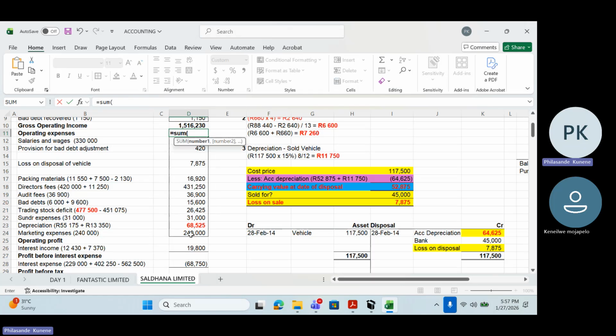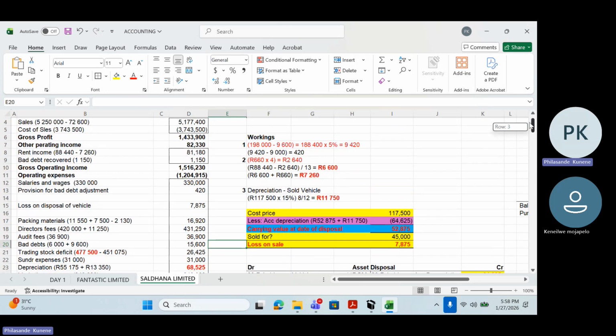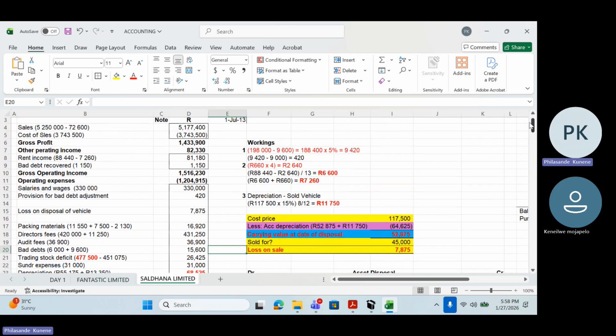Let me just do this and see all these ones. It gives us 1,204,915. Yes, it is giving us this one. You'll punch the calculator again when I send the spreadsheets to you just after this class, and then you will do the calculation again.